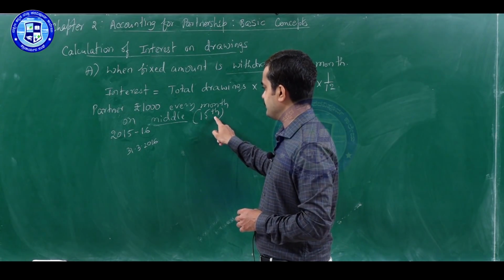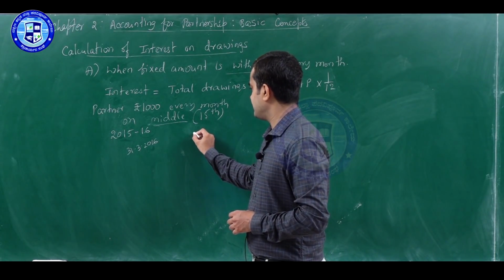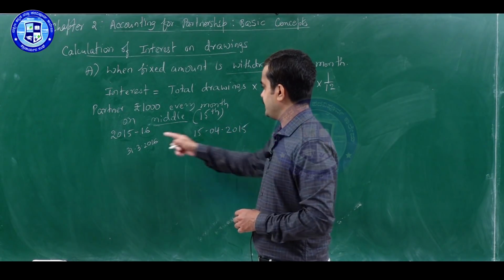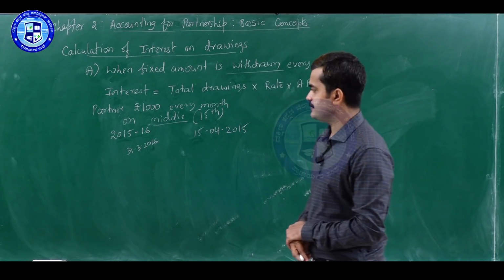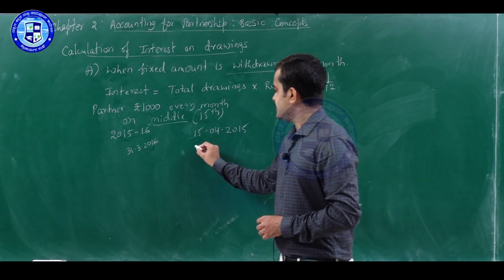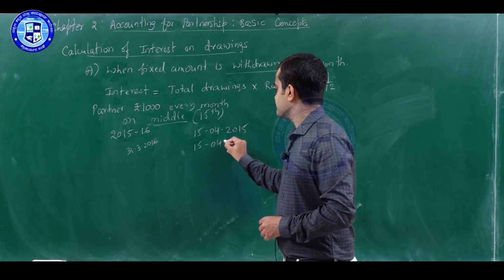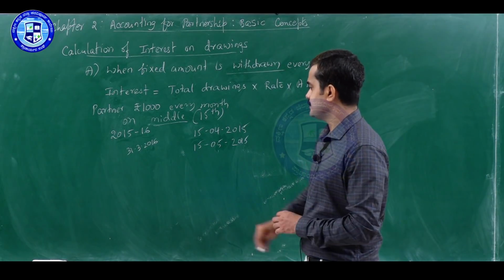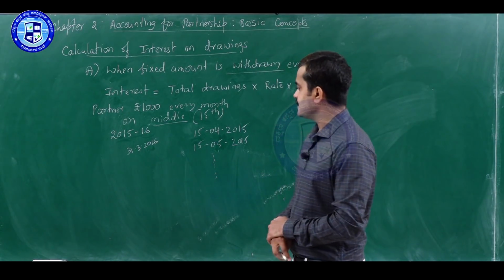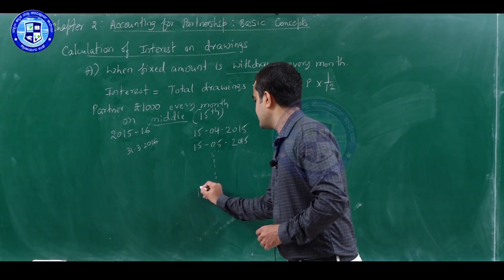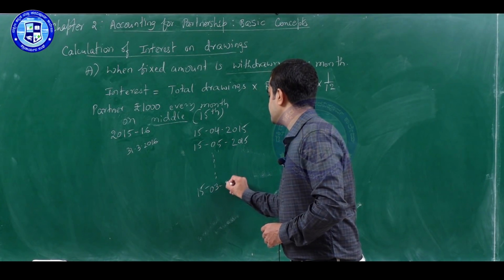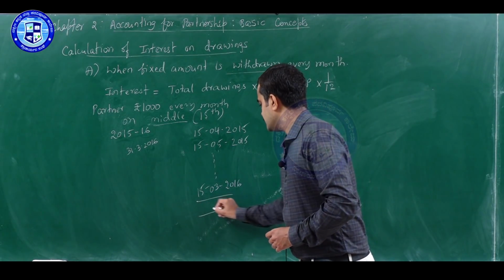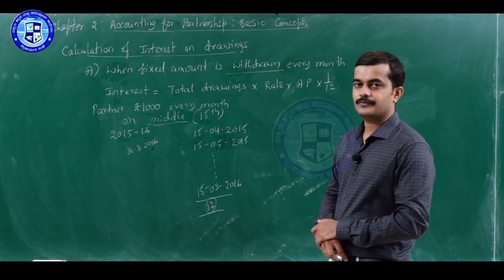On the 15th of every month, that means the first drawing will take place on 15th April 2015, same accounting period 2015-16, and the second drawing will take place on 15th May 2015, and so on, and the last drawing will take place on 15th March 2016, and in total there will be 12 withdrawals.